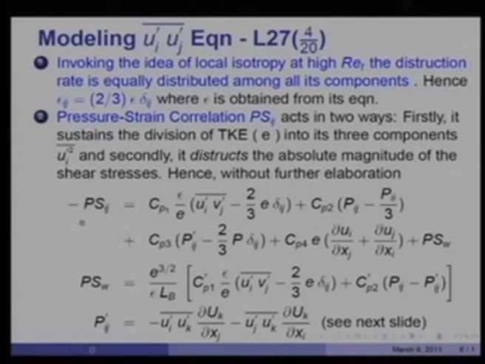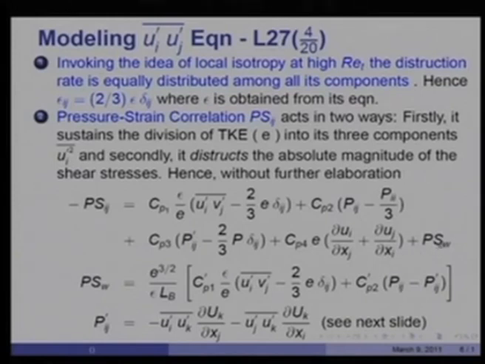So, the minus P s I j is equated to the difference between a stress minus 2/3 E delta I j. Cp2 likewise is the production term minus P I by 3, where Cp3 is P dash I j minus 2/3 P delta I j, and Cp4 is E times dui dxj plus duj dxi plus Psw.